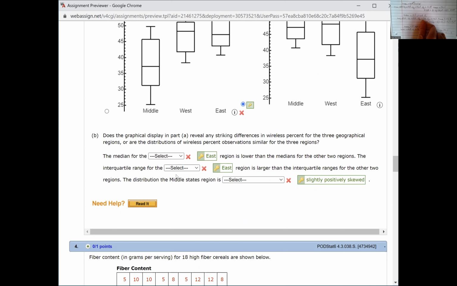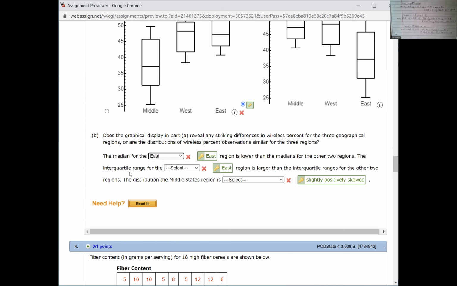And the median for the West was 48.3, and the median for the middle was 47.2. So the one that's the least is for the East. So we would select East here. The East region is lower than the medians for the other two. That's true.